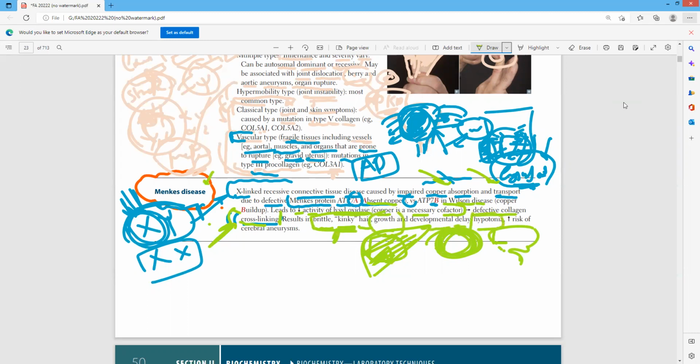It will cause hypotonia and an increase of cerebral aneurysm. You will have that floppy baby from that hypotonia. This is the head and this is the leg; he will be very floppy.